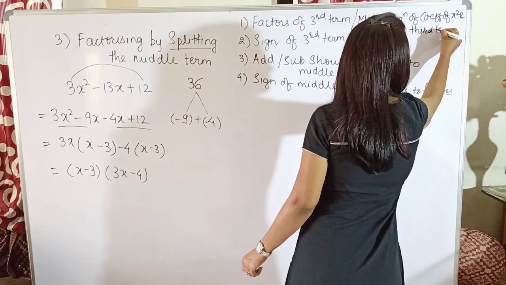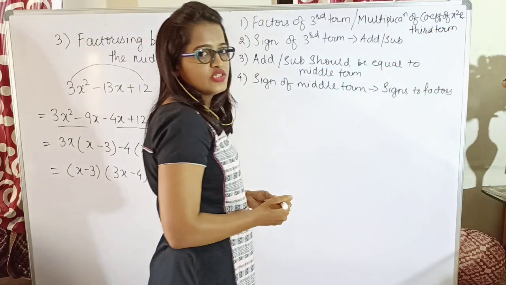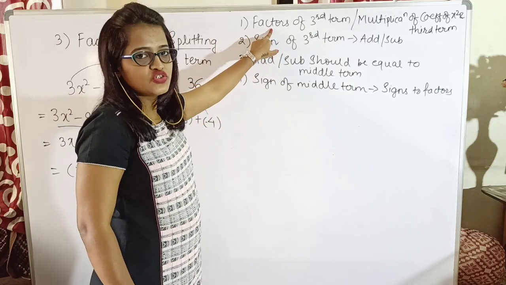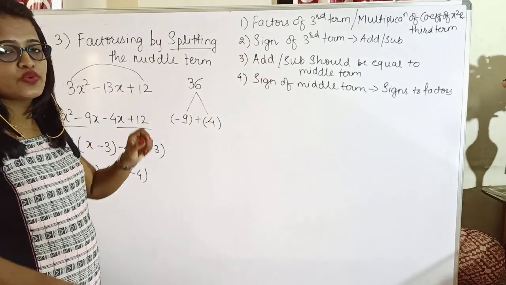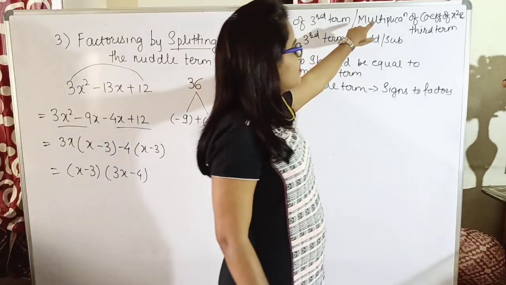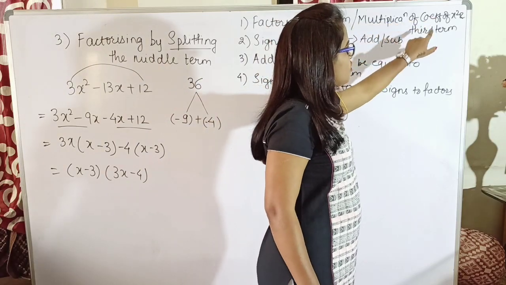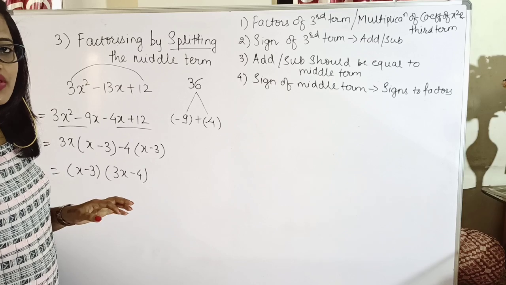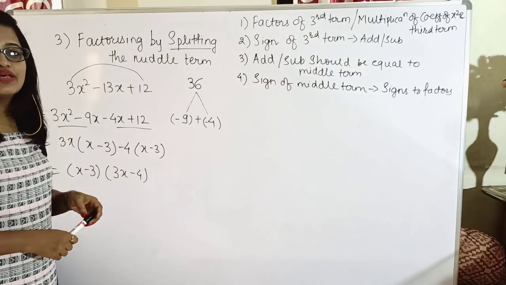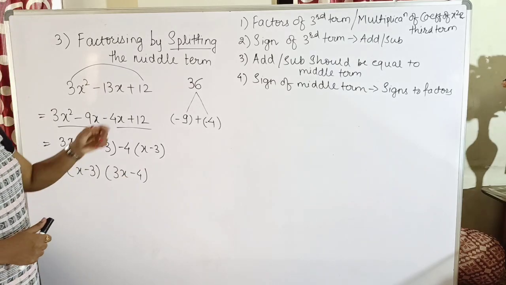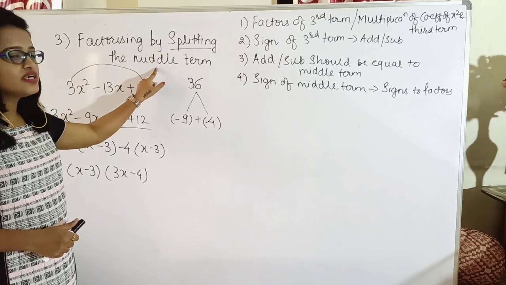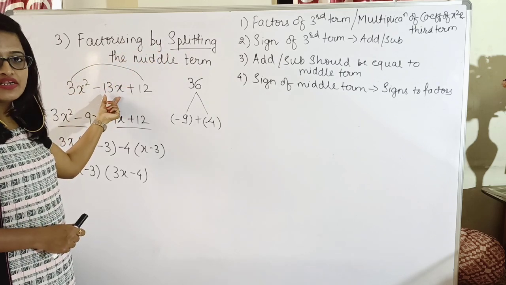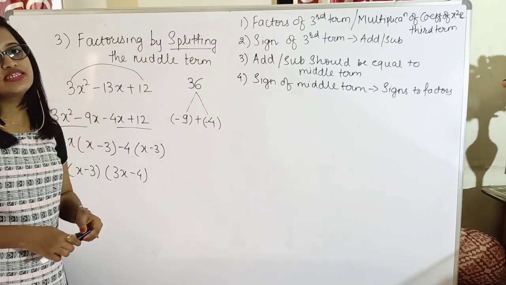If the coefficient of x square is 1, then you will directly find the factors of the third term. But if the coefficient of x square is any number, you have to take the multiplication of the coefficient of x square and the third term, and then find their factors. So this is the method, which is named factorizing by splitting the middle term. Why? Because we are splitting the middle term in such a way that we can factorize further.